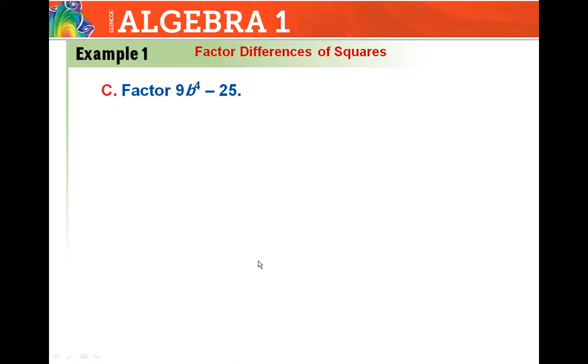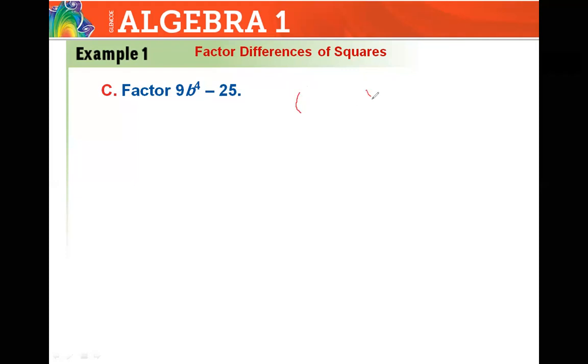I need to factorize this. Is this a difference of two squares? Yes, because 9 has a square root, 25 has a square root, b power 4 has a square root, and this is a negative sign.